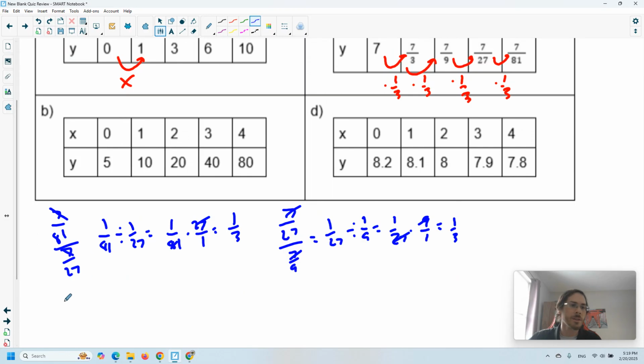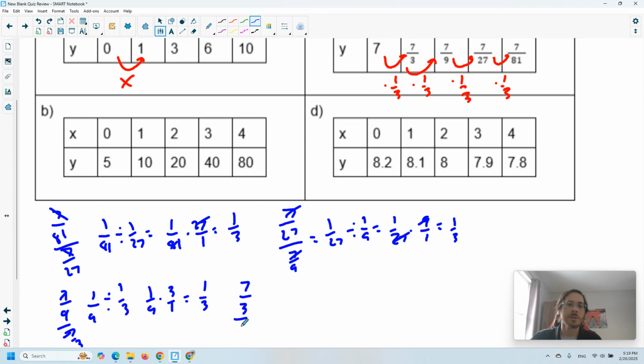So we got 7/9 over 7/3. So again, if we check it, we would get rid of the 7s. So we'd have 1/9 divided by 1/3. So 1/9 times 3 over 1 is 1/3. Then we'd have to check the last one.